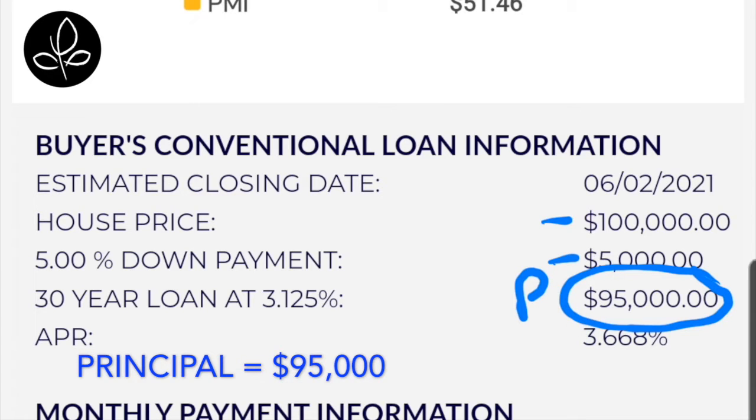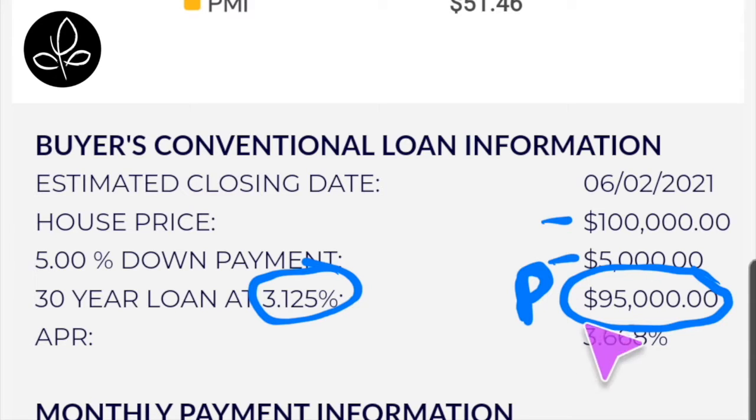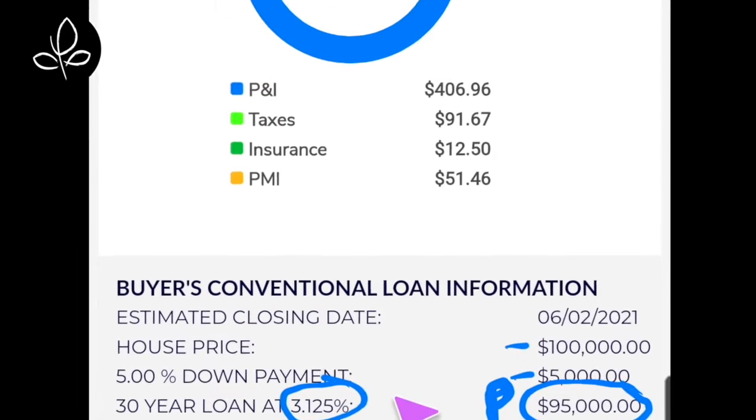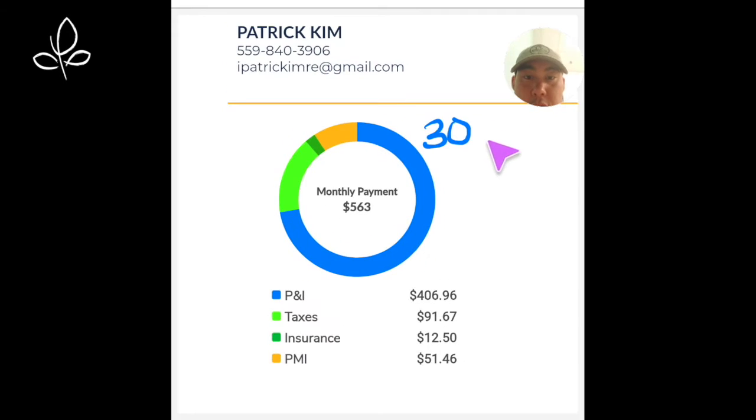That's the total amount borrowed at 3.125. That's the price or the cost to borrow this amount. So the principal and the interest is going to be spread across a 30-year fixed mortgage. This is the most common type of loan that most homeowners will get.